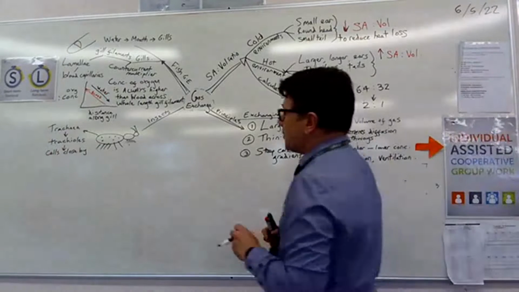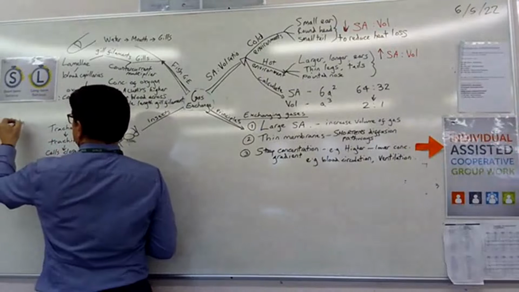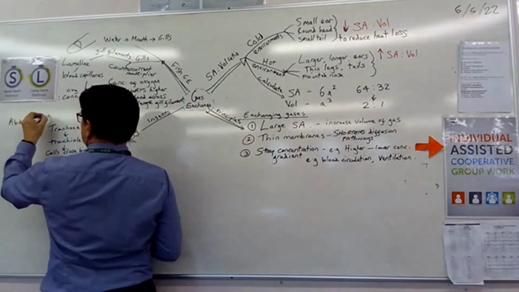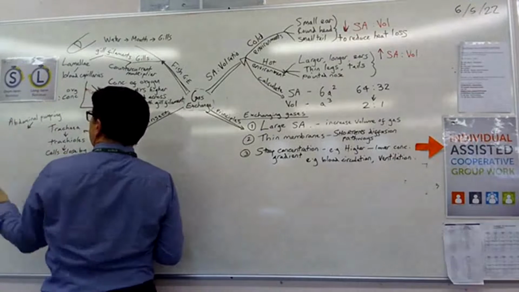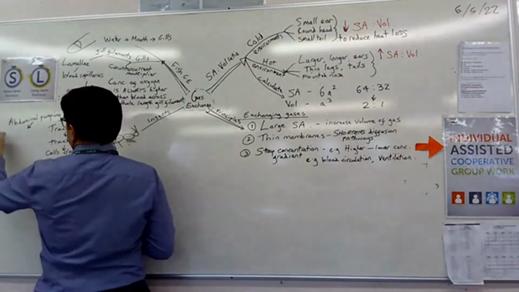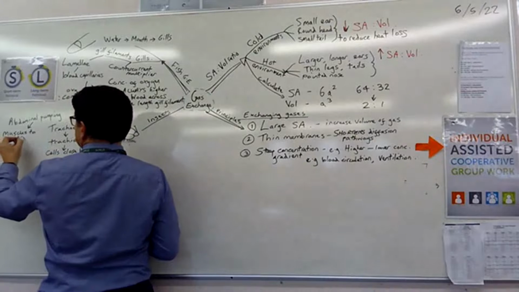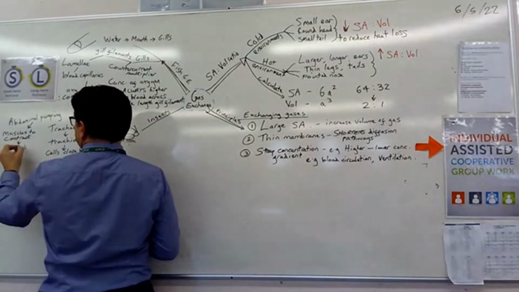There was a question, wasn't there, about abdominal pumping? Did you have to do that one? No, that was your progression test. So they can use muscles to contract and ventilate to move gases more quickly.